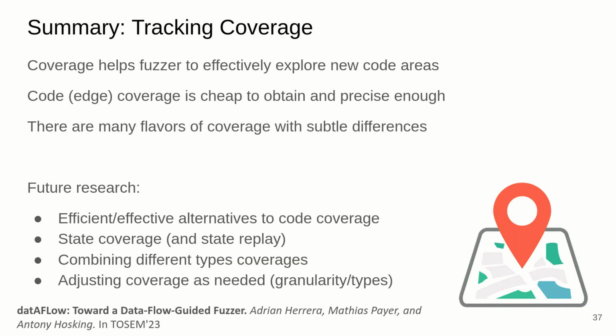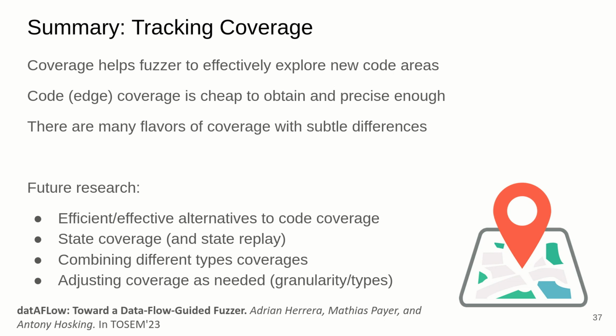So when we are tracking coverage, the fuzzer effectively explores these new code areas and can steer the exploration. Think of this as controlling the exploration phase. Code coverage is cheap to obtain and usually precise enough to give us sufficient feedback on what needs to be explored, how it needs to be explored, and so on. There's many different flavors of coverage with very subtle differences that can be looked at.